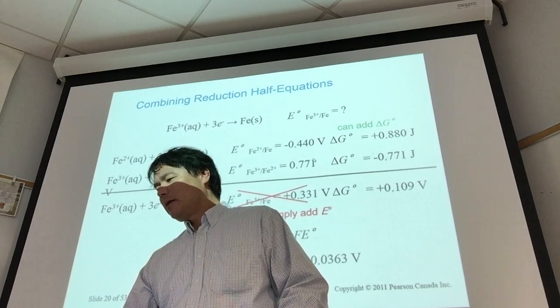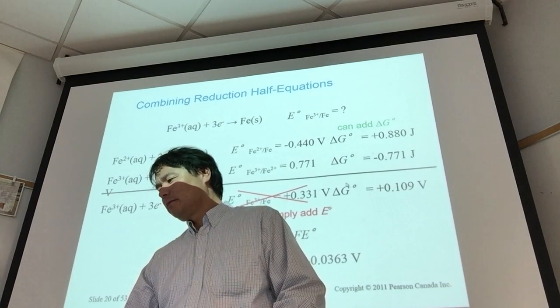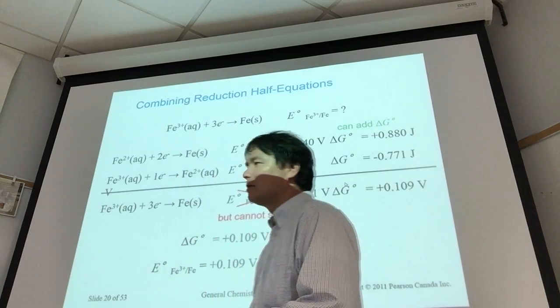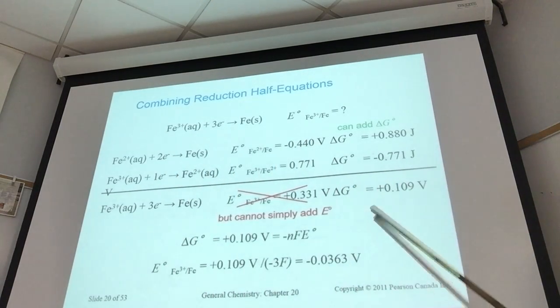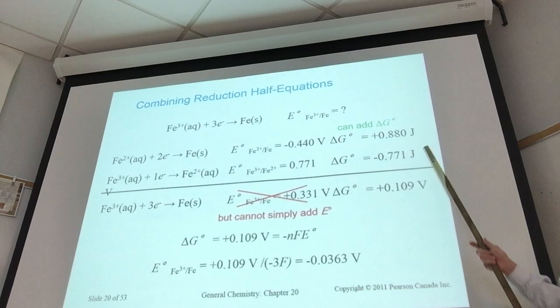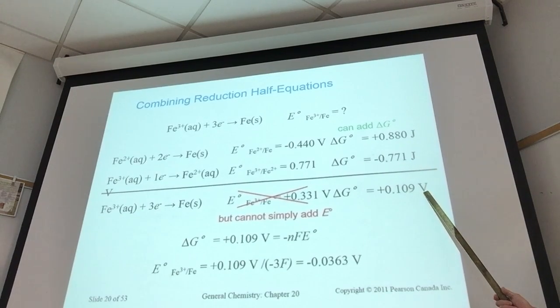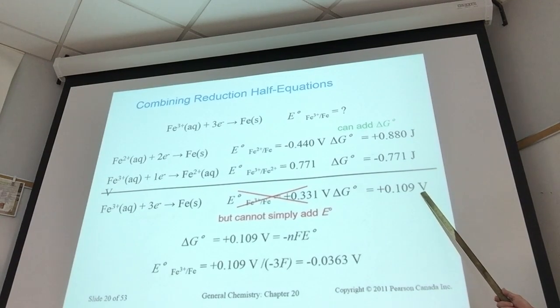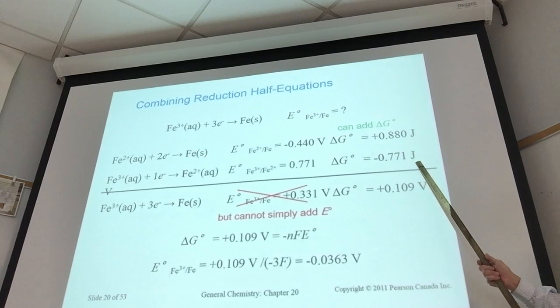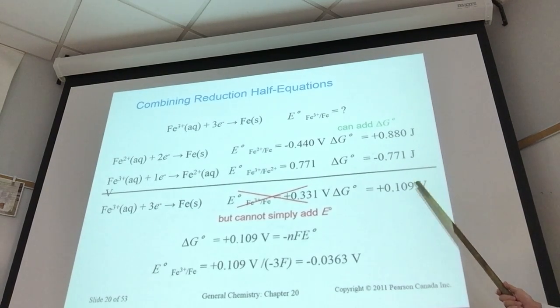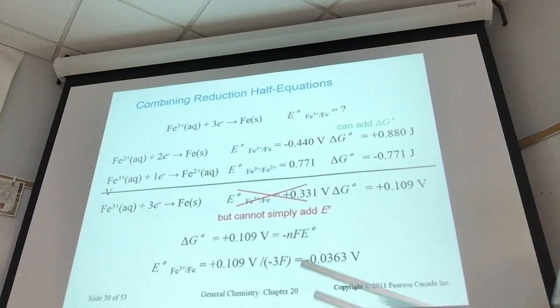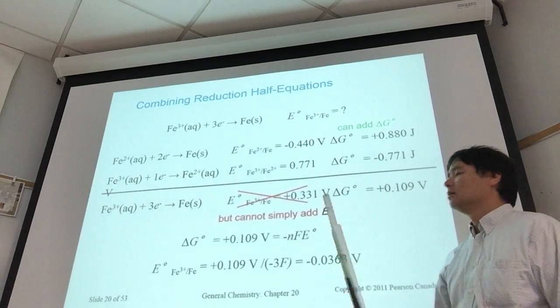What did they mess up here? Does somebody see what they messed up? So this should be joules. Well, this is in joules. These are small numbers. This is the half reactions.